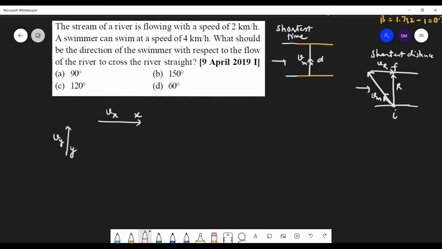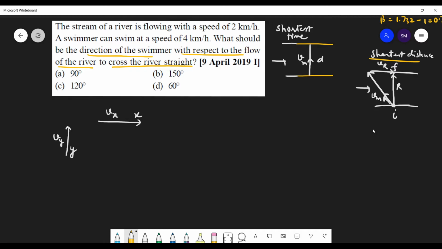So we can also say, like in this question, cross the river straight. What should be the direction of the swimmer with respect to the flow of the river to cross the river straight? So this is the case that we are talking about.